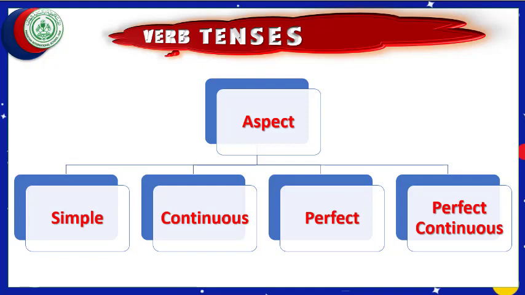Time can be present, past, future. What can be the aspect? Aspect can be simple, continuous, perfect, or perfect continuous. These are four aspects of the verb. Let us move forward.